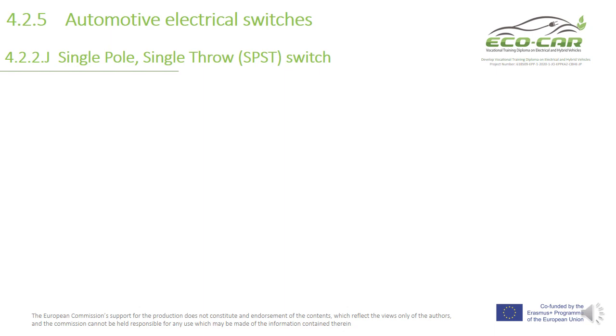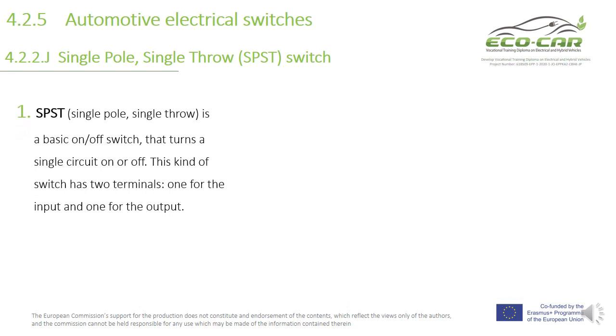Single pole, single throw switch. This is one kind of switch. It's called a single pole, single throw switch. What is the meaning of single pole, single throw switch? It is a basic on-off switch that turns a single circuit on or off.